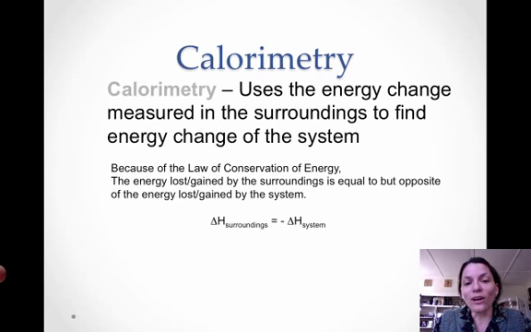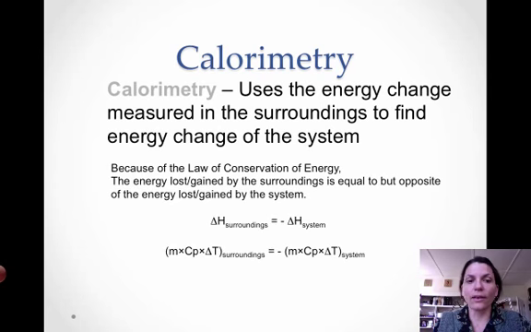So the law of conservation of energy applies to the system and the surroundings. All right, so if we know the delta H of the surroundings, we know that the delta H of the system is the opposite sign, same numerical value. And then we can substitute in our equation m times c times delta T for the surroundings and m times c times delta T for the system.